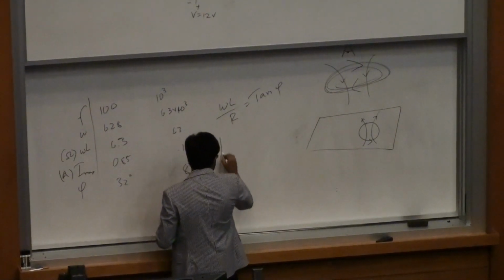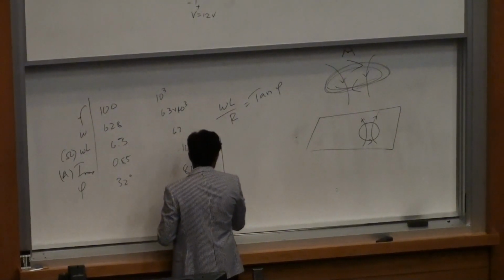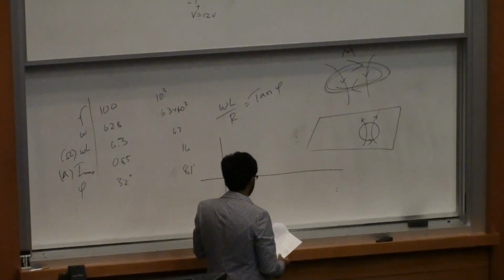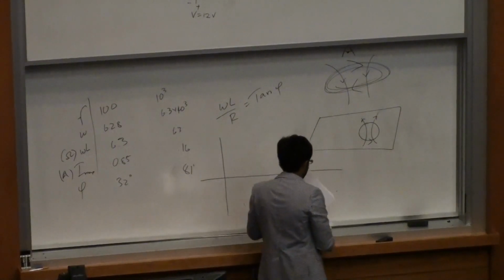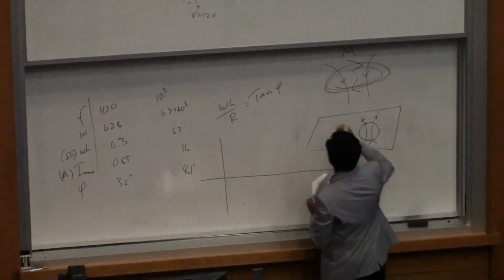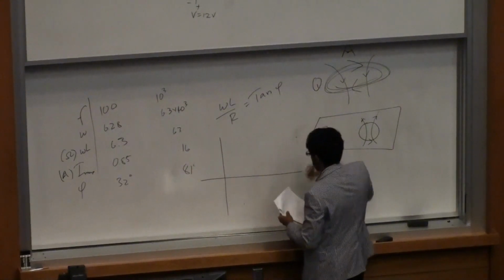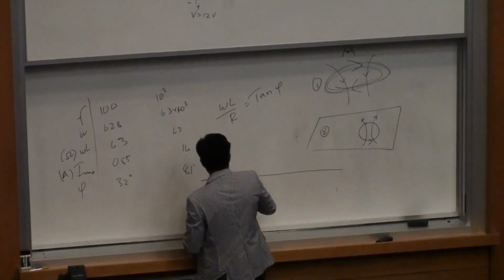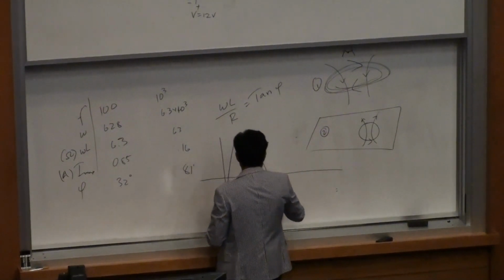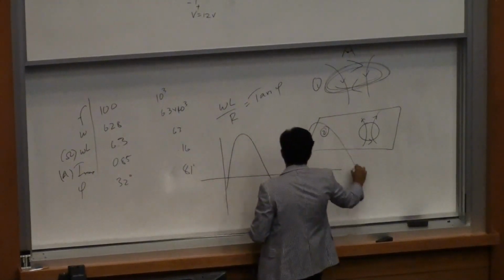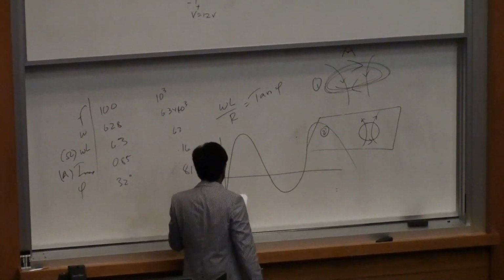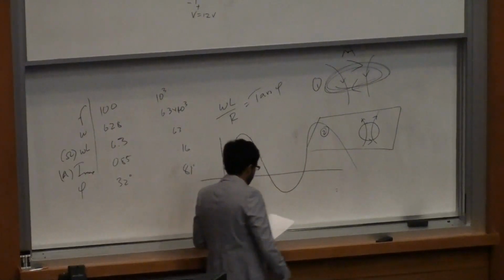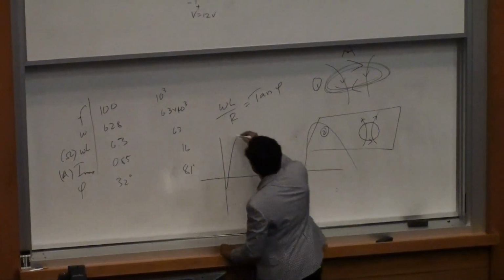So if I'm looking at the current through the first loop, which is this one, and this is the second loop, I'd get something like this. Let's say this is my current.